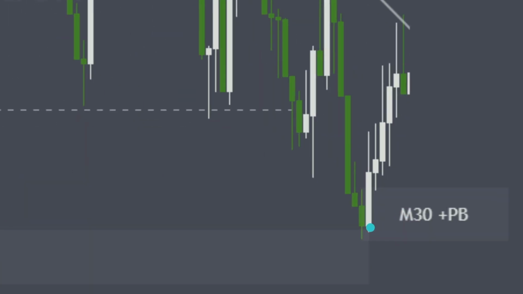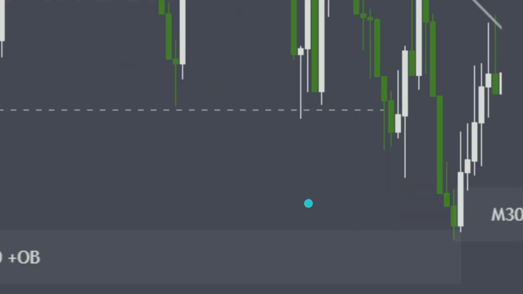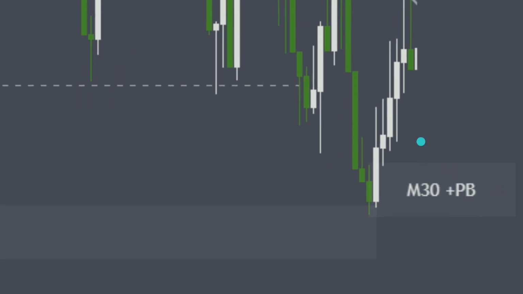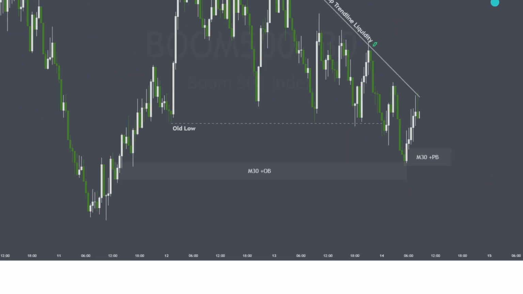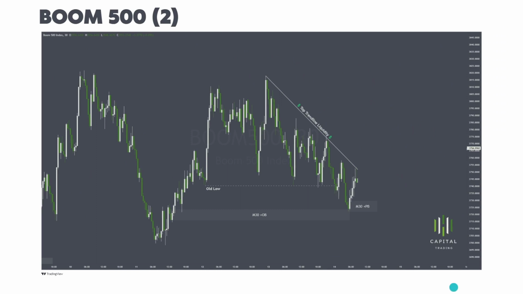When it reacted, it formed this propulsion block here, the last down close candle after price reaches into a bullish order block. So we want to see if price is going to return to this level and continuously go to the upside. So we did get that.